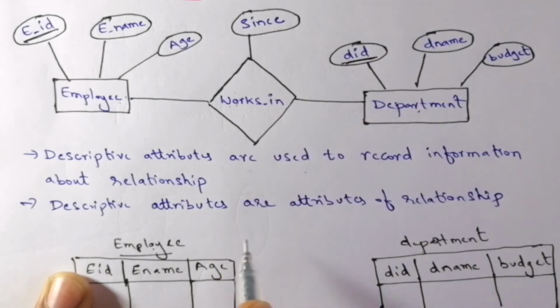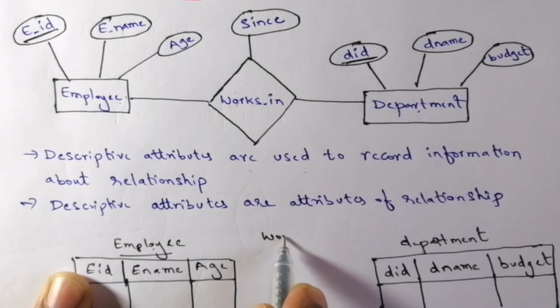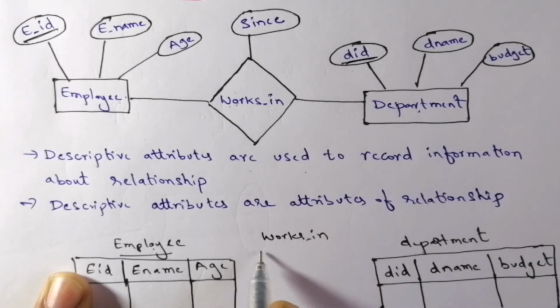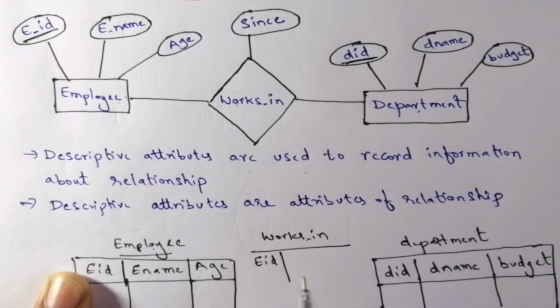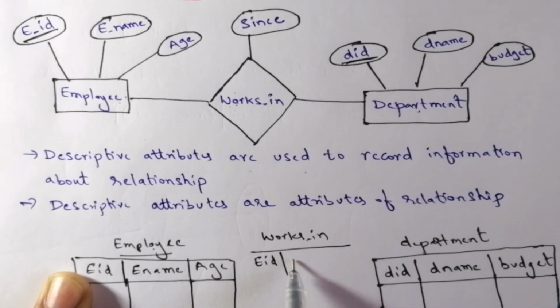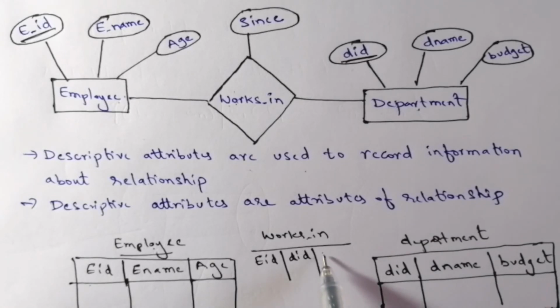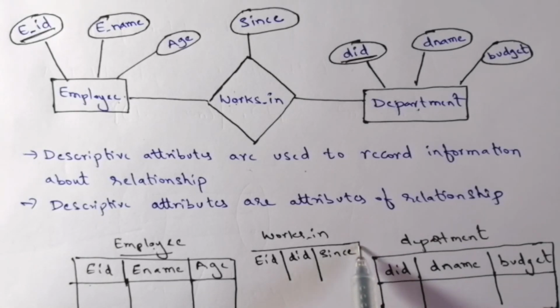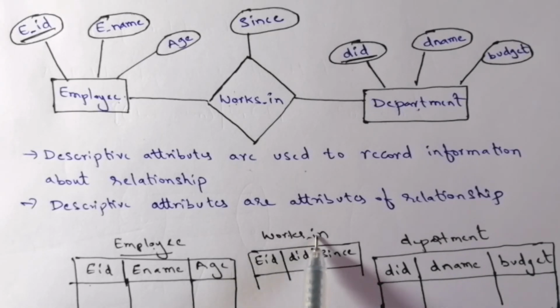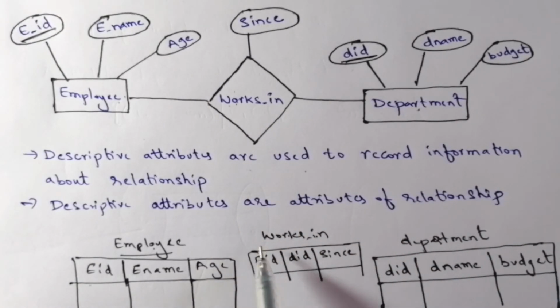So for the works in relation, we take employee ID as one column, department ID as another, and then another attribute, the descriptive attribute since. So we have taken these three attributes as the relation works in. In this way we have to solve the relationships. So that is about descriptive attributes.